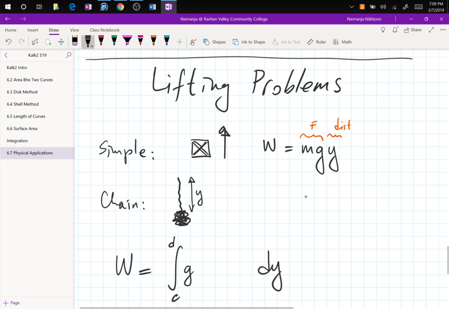You can even kick it out of the integral if you want. Now, remember how mass is changing? How do we calculate changing mass? We did that first. It was the density function, right?